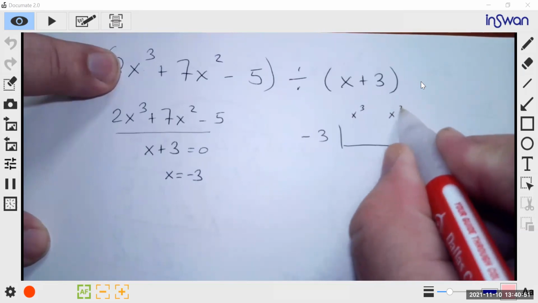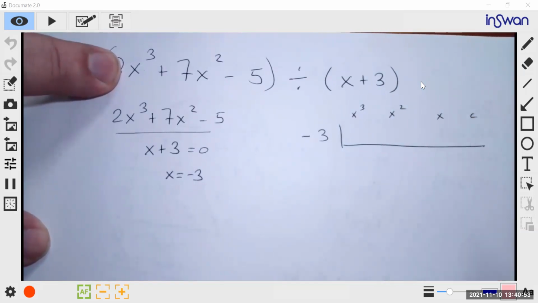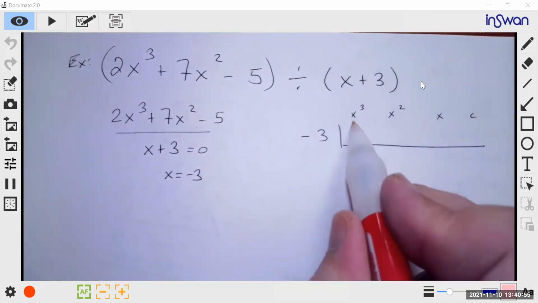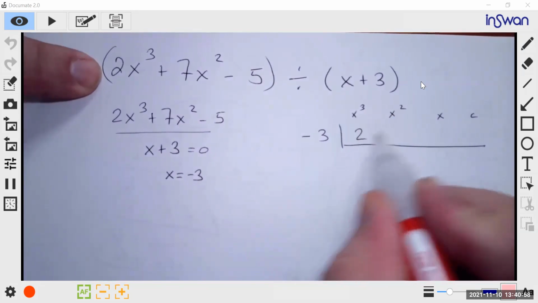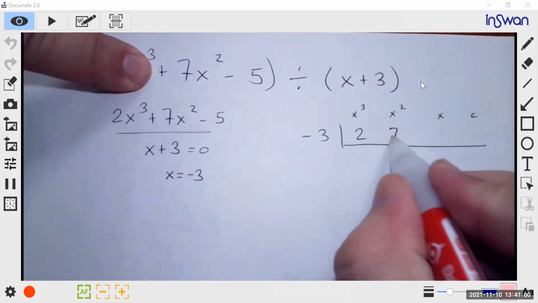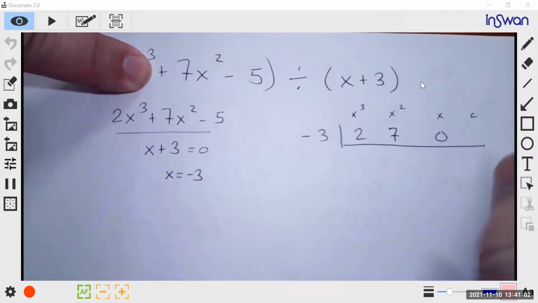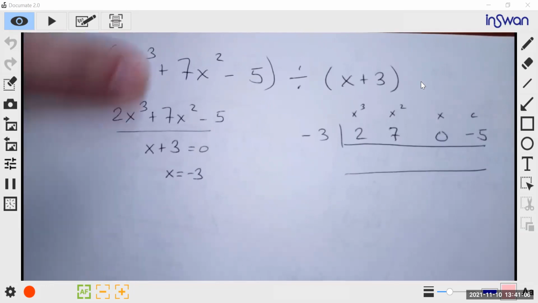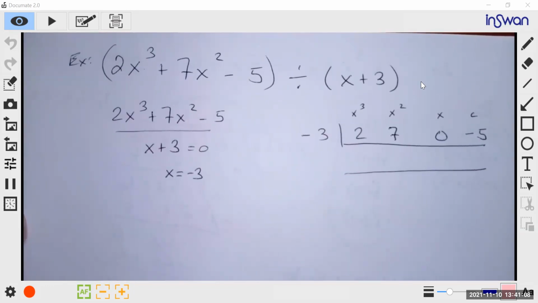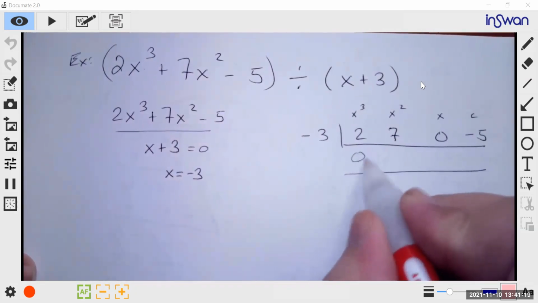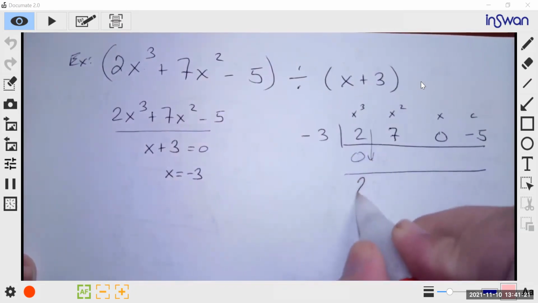So then we need x squared, then an x, and then a constant. What's the coefficient of x cubed? X squared. X. Yep. And constant. Remember, there's nothing there, so we add. We got 2.